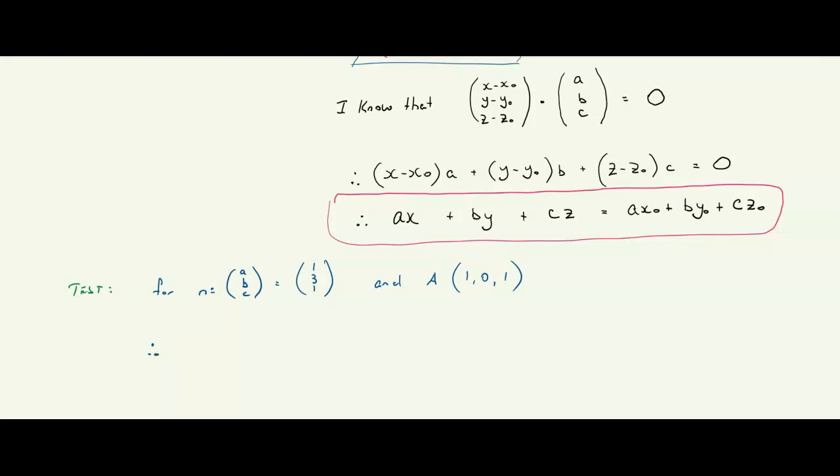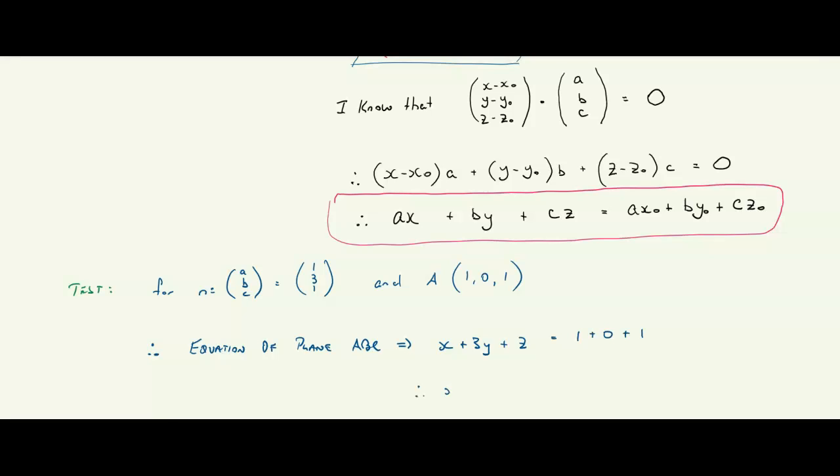Therefore, my equation of plane ABC should be, all right, so A is 1, so it's x, B is 3, so it's x plus 3y, C is 1, so that's just x plus 3y plus z, equals, now I'm doing ax naught plus by naught plus cz naught, so 1 times 1 plus 3 times 0, so I'm on 1 plus 0 plus 1.